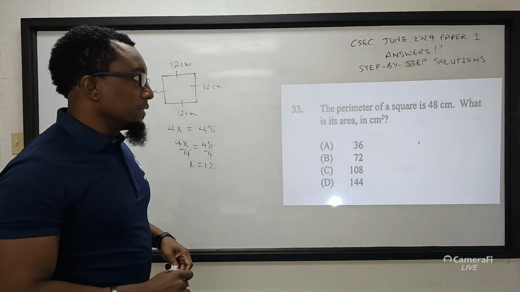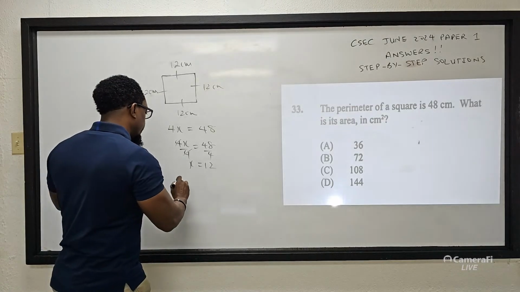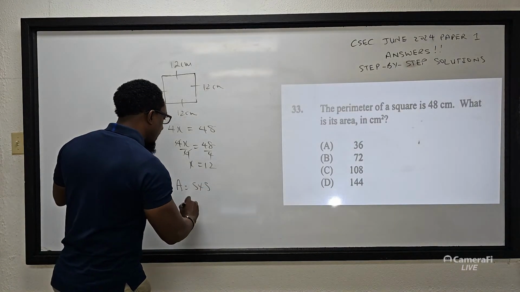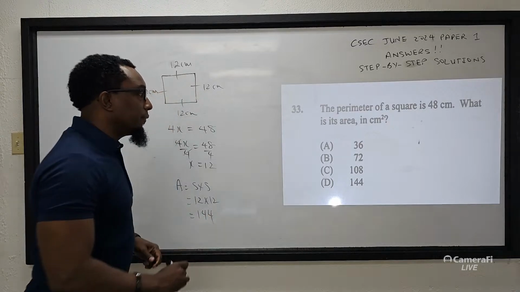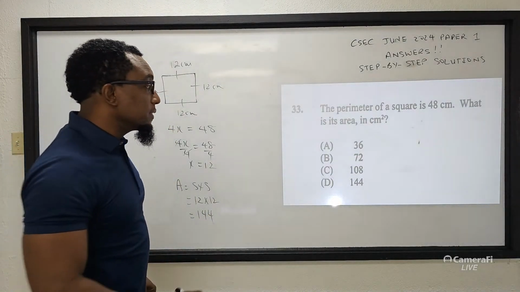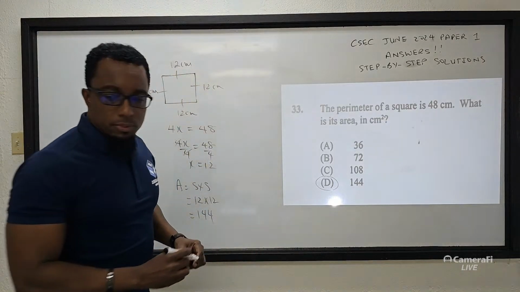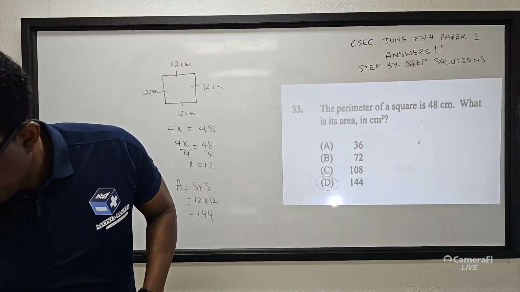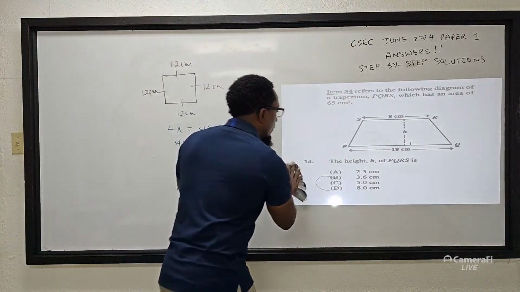So when they ask what is the area of the square, the area of the square is side by side, 12 by 12, which is 144 cm squared, whose answer is D. So 33D. Let's look at 34.